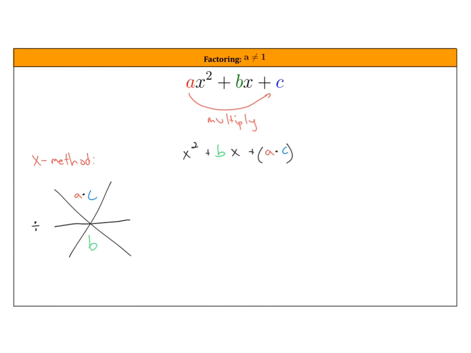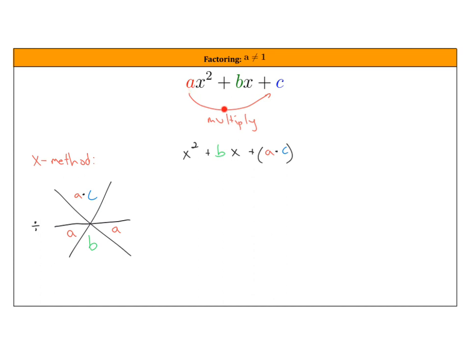Now, the reason why we split the x with that horizontal line is because whatever number for a that we had originally needs to go in this bottom section here. Let me quickly explain why. The very first step in factoring this expression was we needed to multiply a to c.